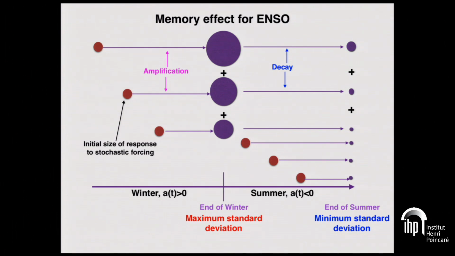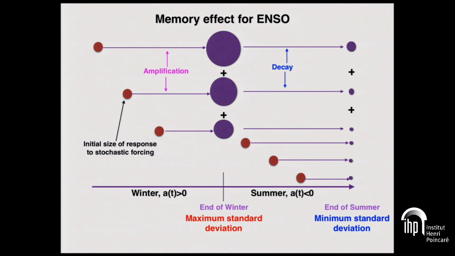Just think simply about that model: exponential growth and exponential decay, and every time noise is just forcing the system. During this time period, all the response from the stochastic forcing starts to amplify and piles up right here. After that, this response is going to decay out.